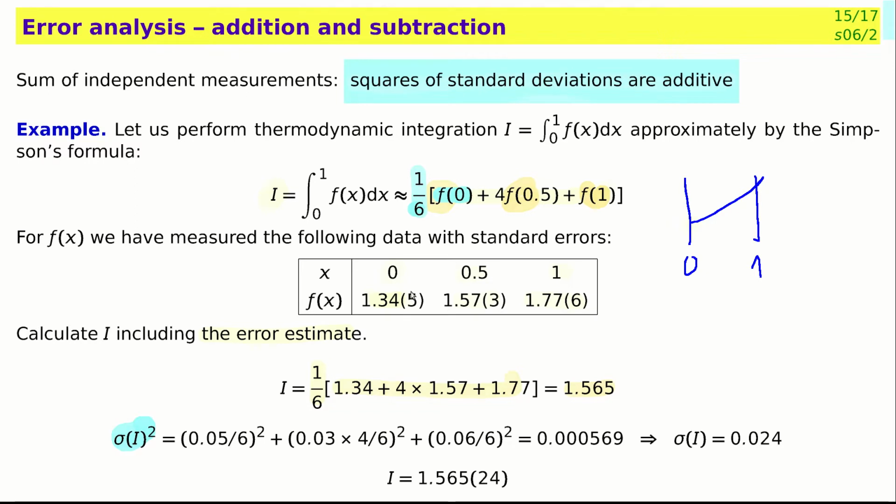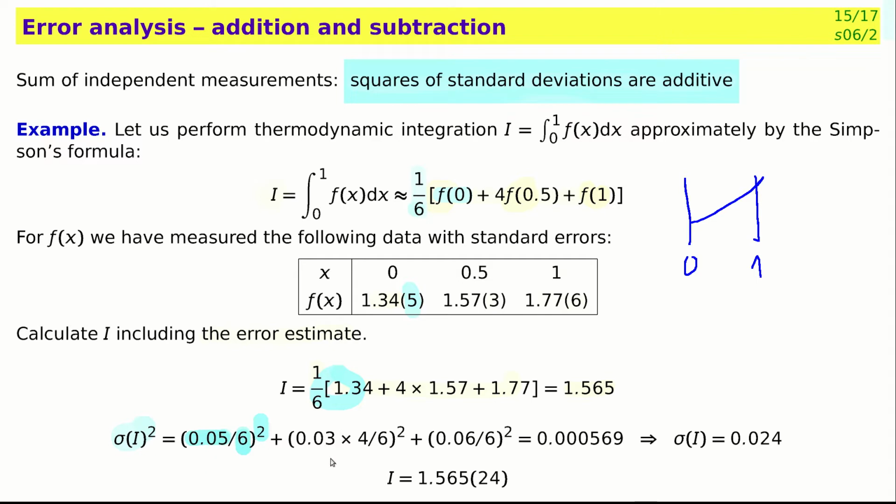So the error estimate, the standard deviation, is 0.05 from here, divided by 6, because in the formula I have 1/6 of this value, and this squared. Please note that I have here the error estimate, the standard deviation, divided by 6, and the result is squared.